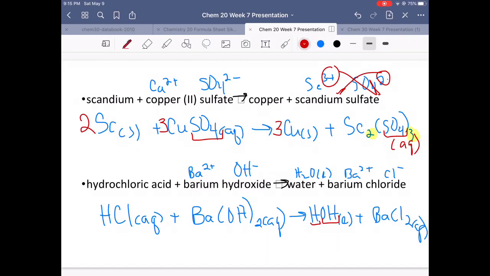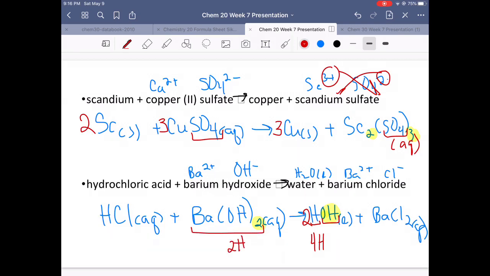Okay? Last bit of balancing. Here's that hint. There are 2 hydroxides. Well, this is like hydroxide. See, if you write the water that way, it's easier. So I'm going to have to multiply this by 2. Look what happens now. We have a total of 4 hydrogens, okay? And barium hydroxide, there's only 2 hydrogens.